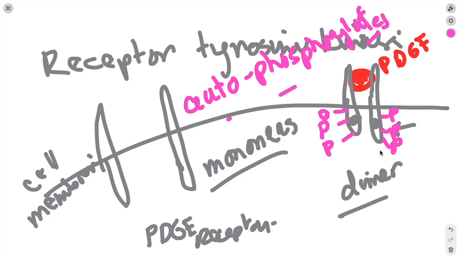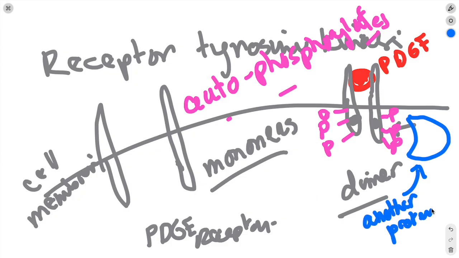And that phosphorylated form becomes the binding site of some other protein. So another protein, and it varies, another protein binds and carries that further into the cell.